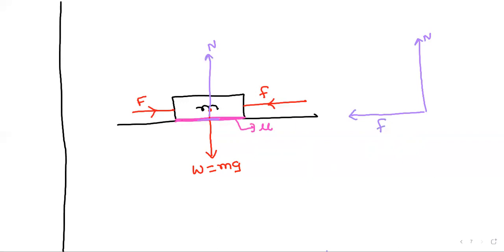The resultant of these two forces can be called R. R is called the contact force, or the resultant of the frictional force and the normal force.